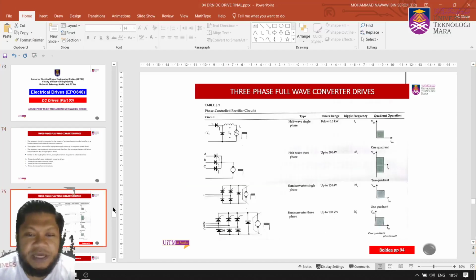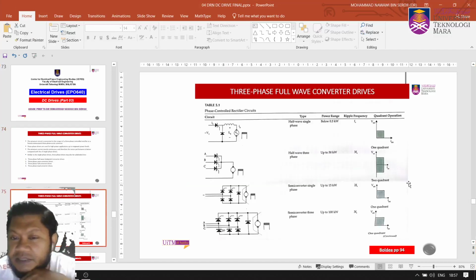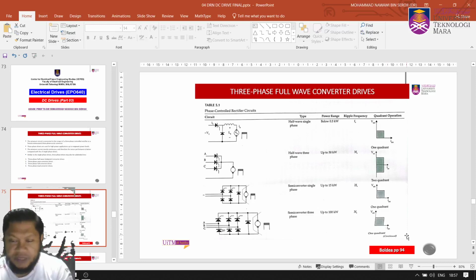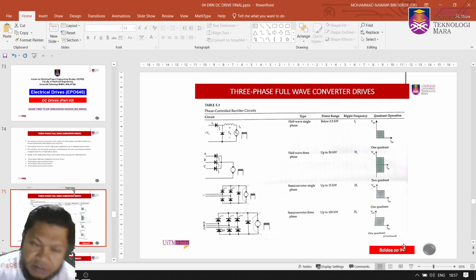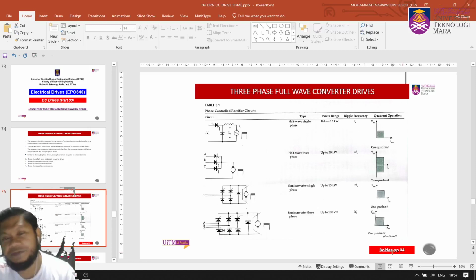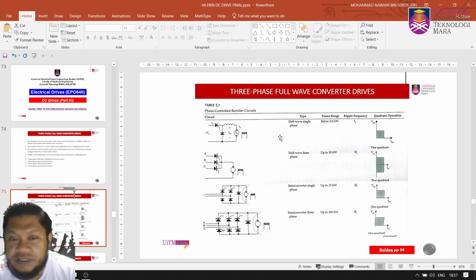Okay, I got this from the Boldia books. It's best if you can find the Boldia book. Try to search for this book, and it will describe this and give you this table, right?